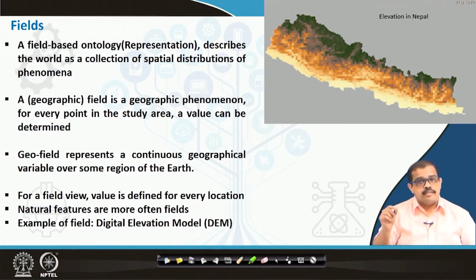Then a geo field represents a continuous geographical variable over some region of the earth. It is not only just one value, it can have many values also. But it represents a continuous geographical variable. Please understand this, it is a geographical variable.